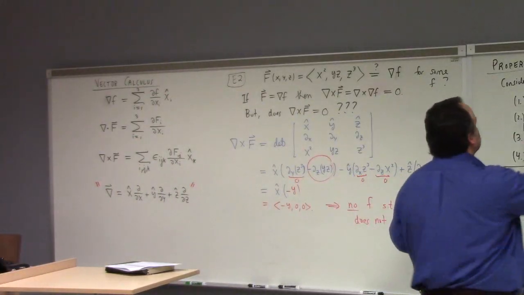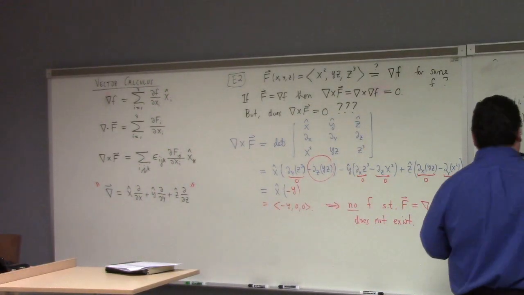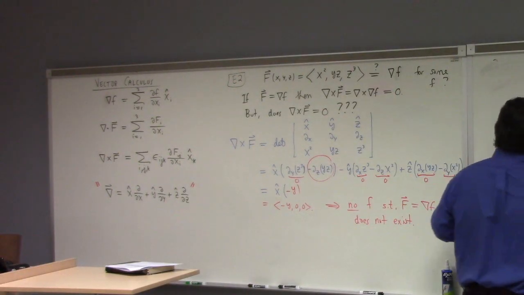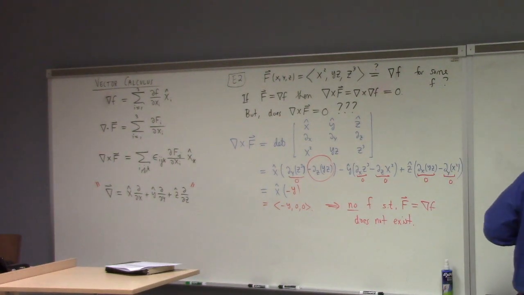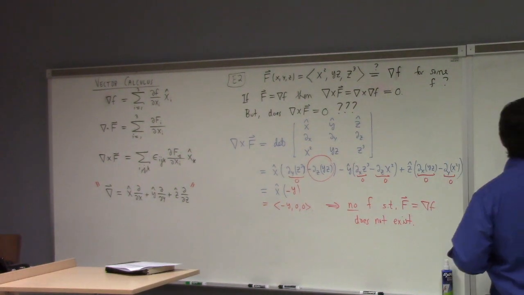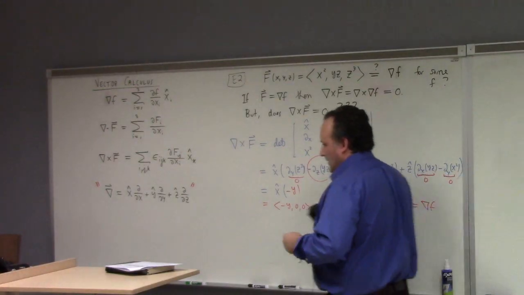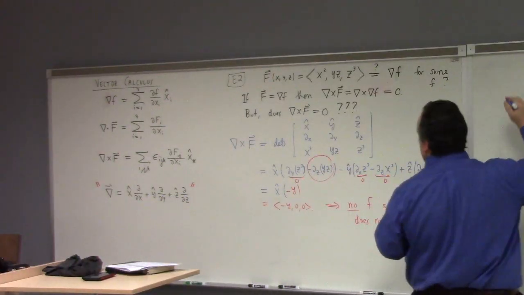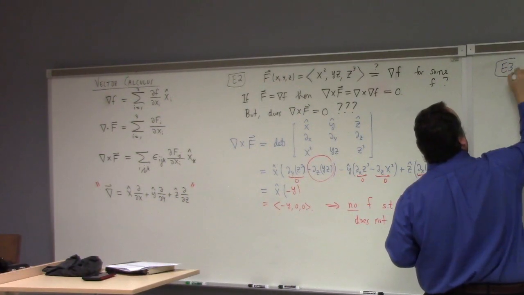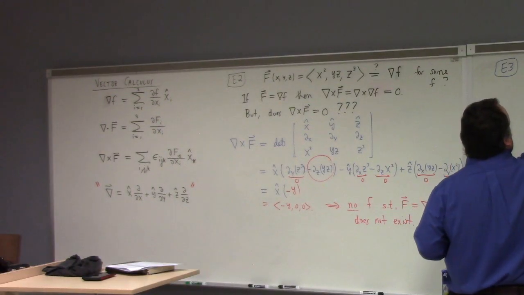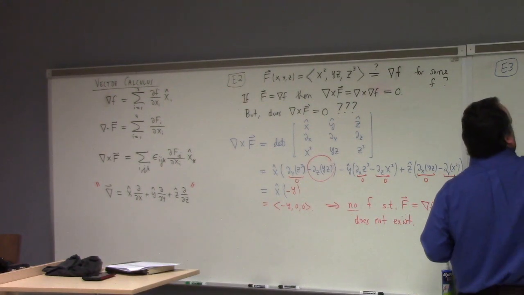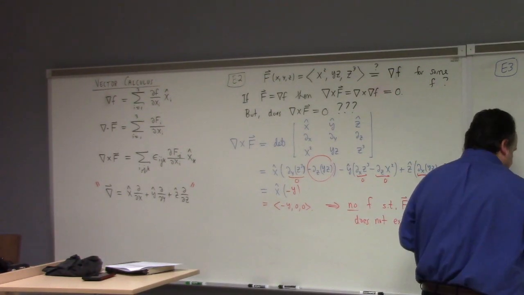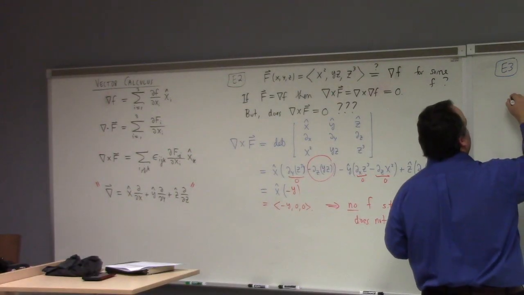Example 3. Let's do this for an arbitrary vector field, yeah? Let's let F equal P, Q, R. That's, you know, the usual Stewart notation for it. Let's calculate the curl of that. What's the curl of F equal to?